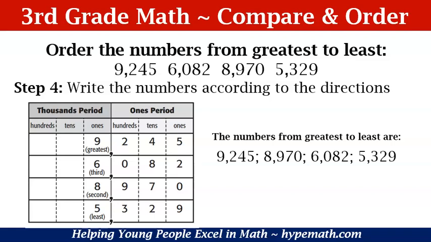So since we are listing our numbers from greatest to least, our numbers are the following: 9,245, 8,970, 6,082, and 5,329. That is our list of numbers from greatest to least, okay?